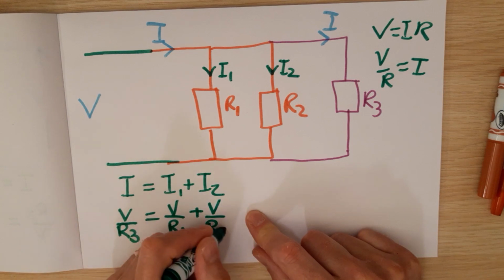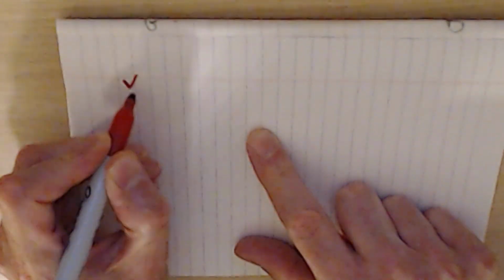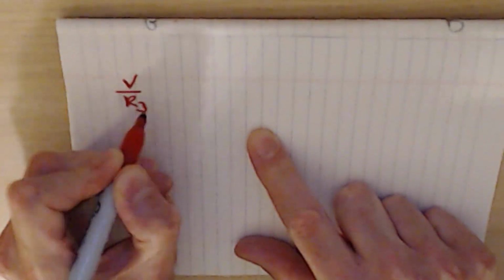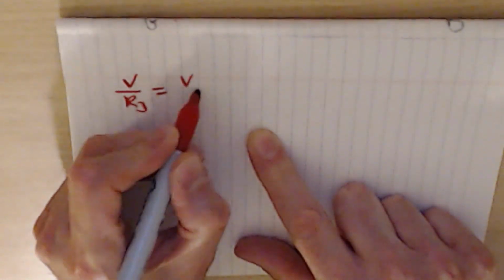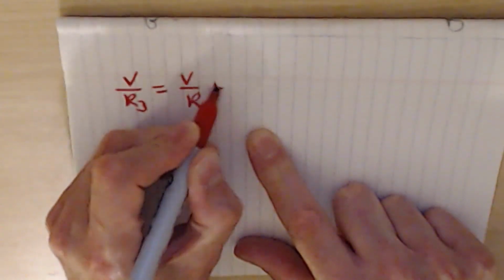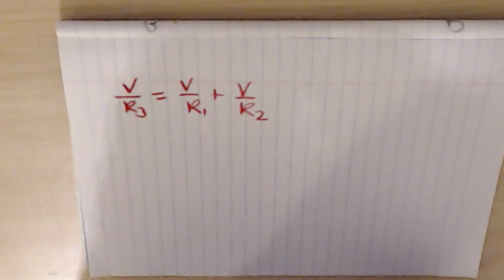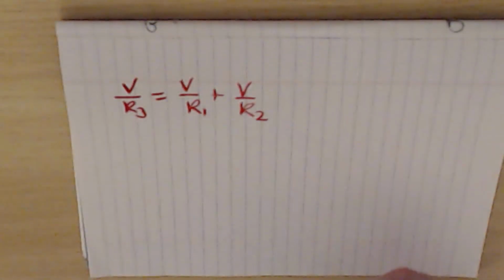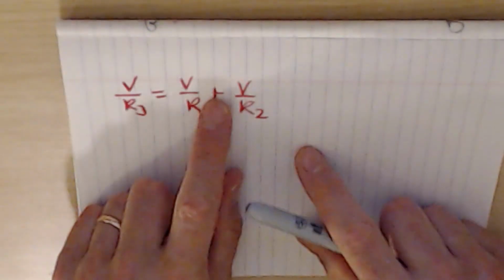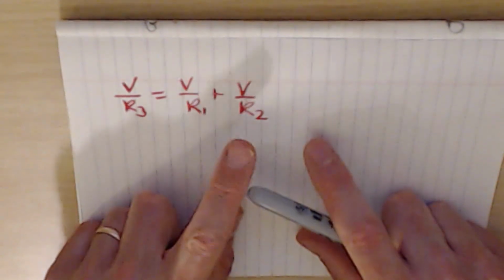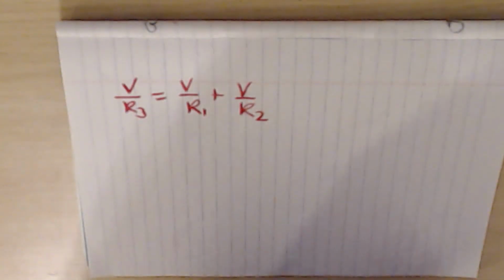I'm just watching this video back before I post it, and I've realised that I made a complete mess of that. We got to this point where we had V divided by R3 equals V divided by R1 plus V divided by R2. And what I was about to do was to start finding the lowest common denominator and multiplying this all out. But it's completely unnecessary.